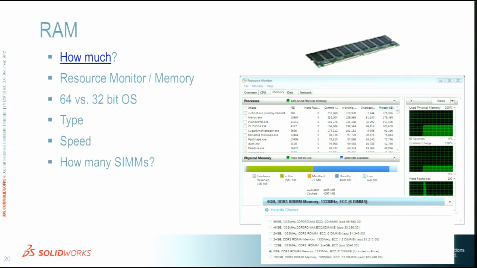You need enough RAM. This is in priority order: you need a good operating system that supports more than 2 gigabytes of RAM, which is 64-bit, and you need enough RAM to actually make a difference. I just listed here, and you can see this is the resource monitor. The reason I like using the resource monitor over Control-Alt-Delete and the task manager is that it's easier to read.